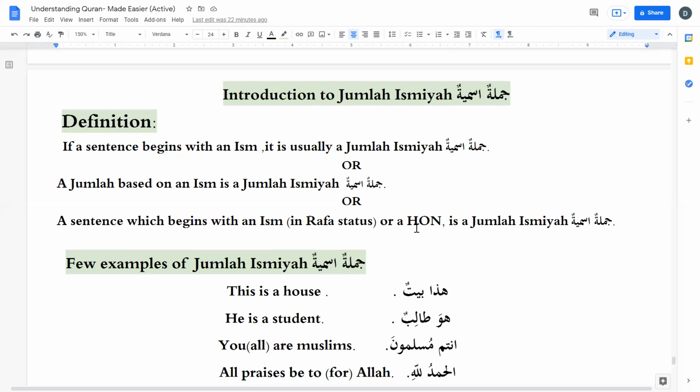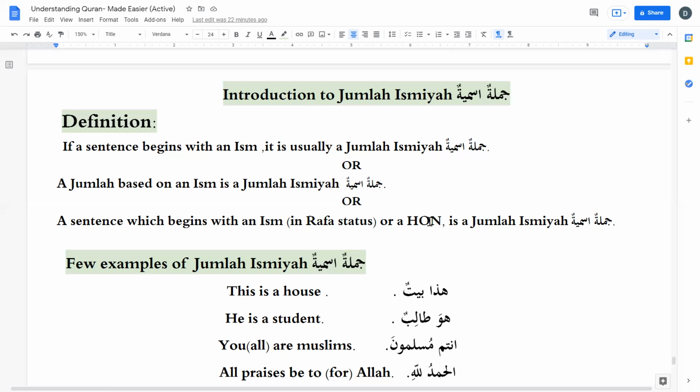Another type of Jumlah Ismiyah can start with a harf of nasb. So now you can see that there are some exceptions: a Jumlah Ismiyah beginning with a harf of nasb, and then obviously after the harf of nasb the ism of inna or ism of anna would come.